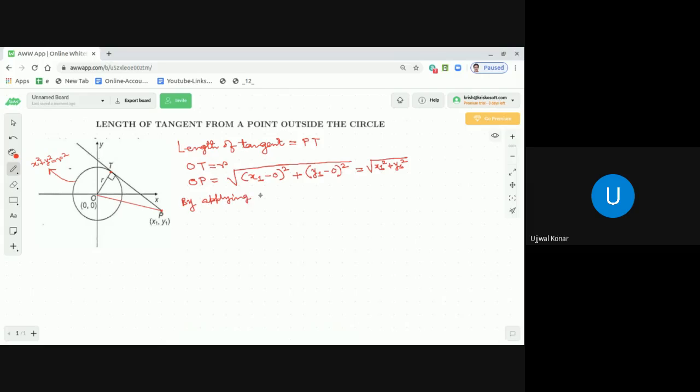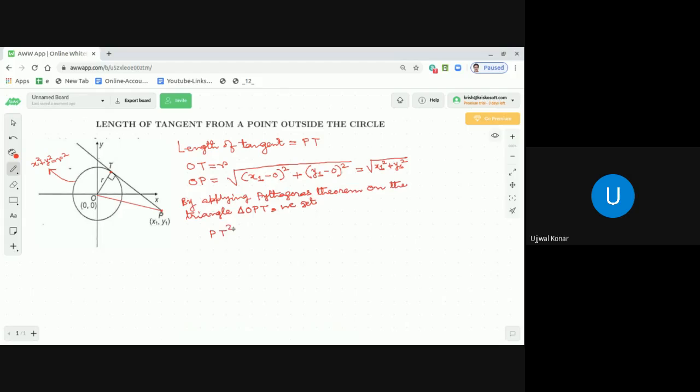By applying Pythagoras theorem on the triangle OPT, we get, we need to find PT square.